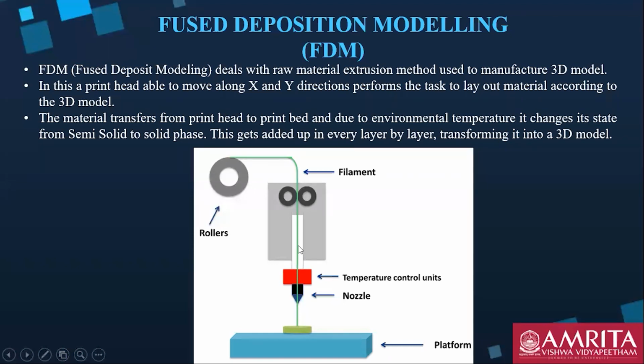Inside it, the plastic, which is in solid form, is converted into a semi-solid liquid and squeezed out of the nozzle. By layer-by-layer deposition, our 3D product is formed based on the code given to the 3D printer.